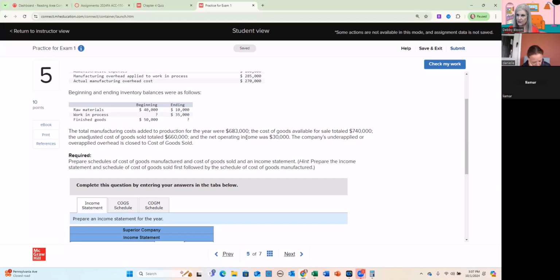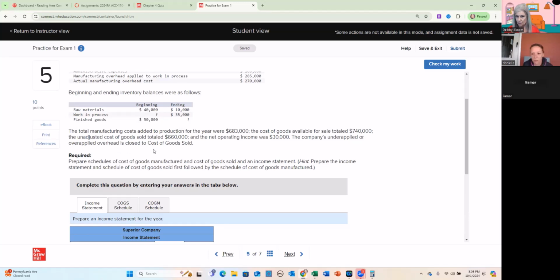Total manufacturing costs added to production for the year were $683,000. Cost of goods available for sale totaled $740,000. The unadjusted cost of goods sold totaled $660,000, and the net operating income was $30,000.